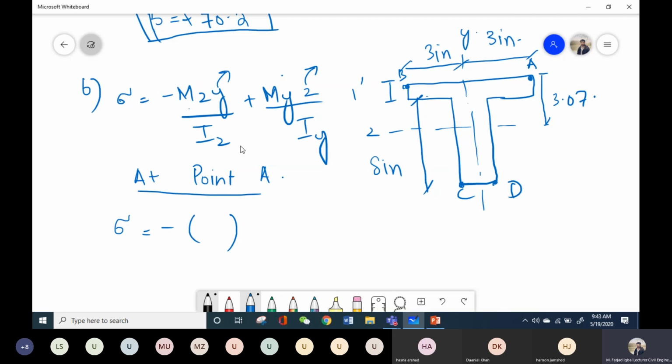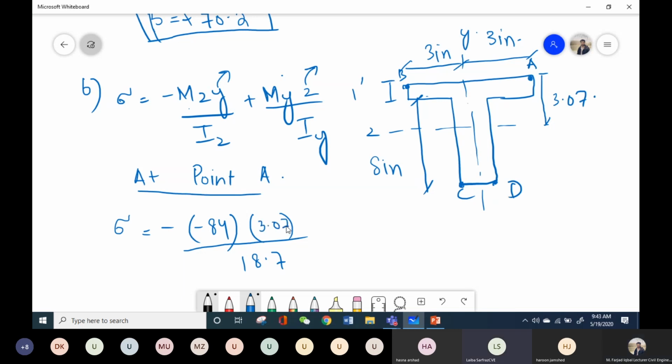So both of them are negative as we have calculated before. So it will remain negative 84. What is the y distance for point A? 3.07. Y distance is 3.07 and this sign will be positive or negative?